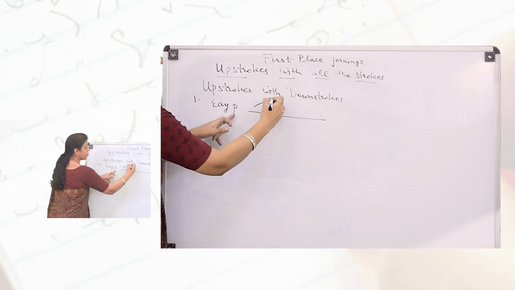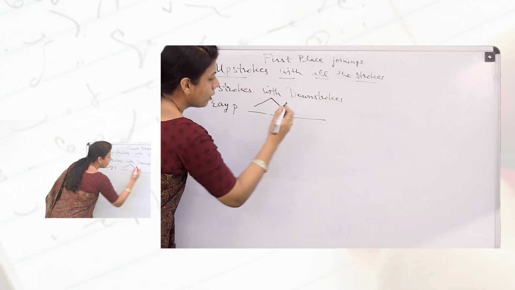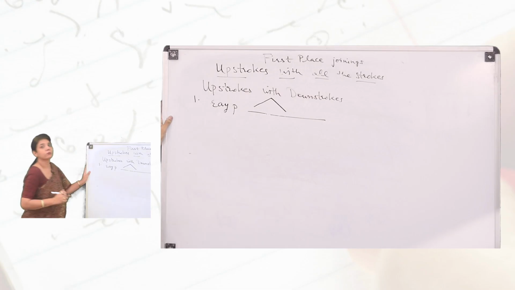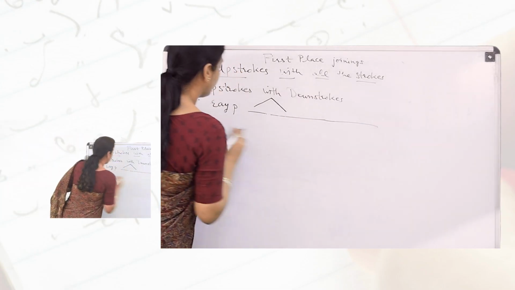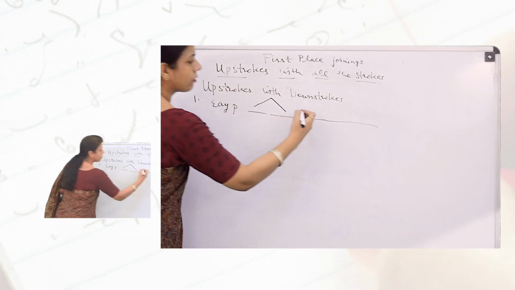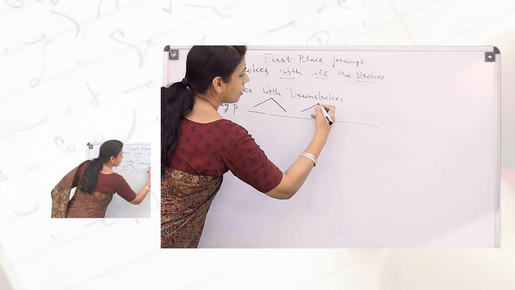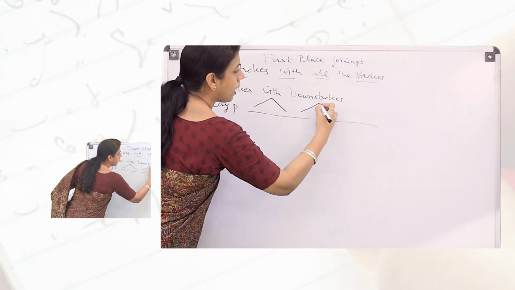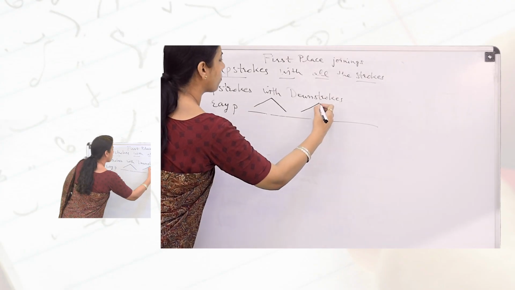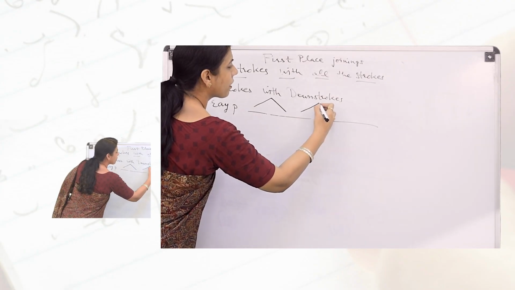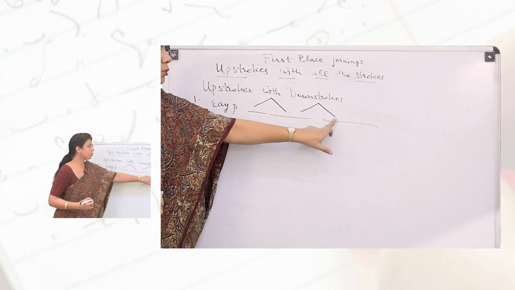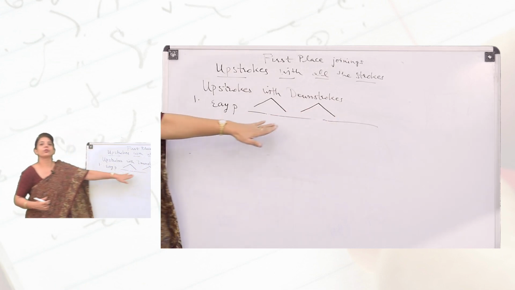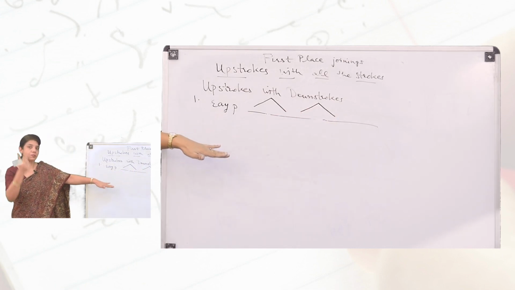Second is a downstroke, so it has to be from top to bottom. Look again, once more, same outline. Ray is an upstroke, bottom to top. Upstroke means bottom to top. P is a downstroke, wherever Ray ends, P begins, and P has to come from top to bottom. So this is a joining of Ray and P at the first place.